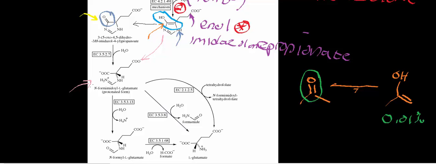And the problem is you can't do it directly, right? The reaction right here is catalyzed by imidazolone propionase, make sure that's a P. Imidazolone propionase is a serine hydrolase. And what do you know about serine hydrolases?